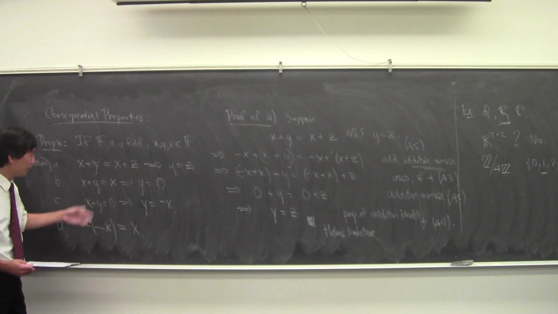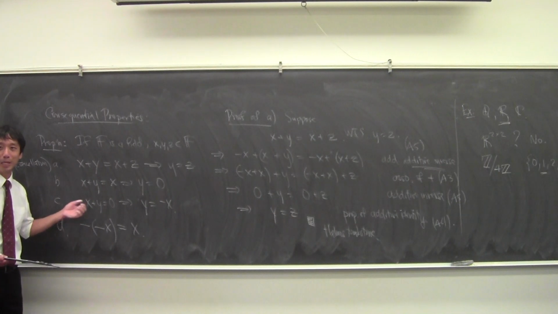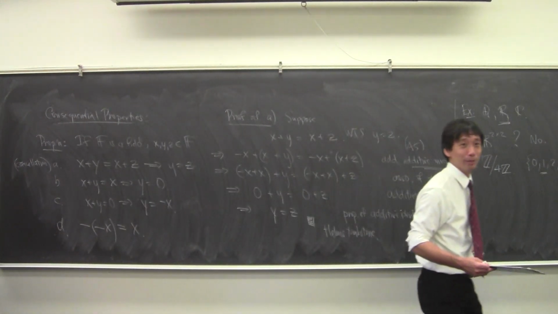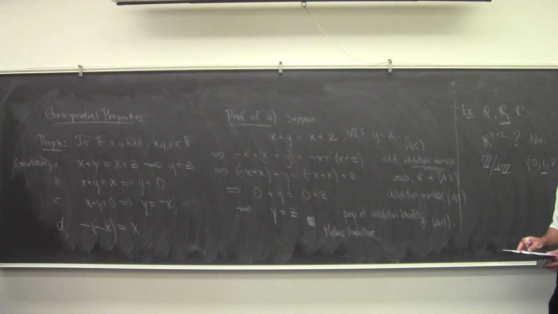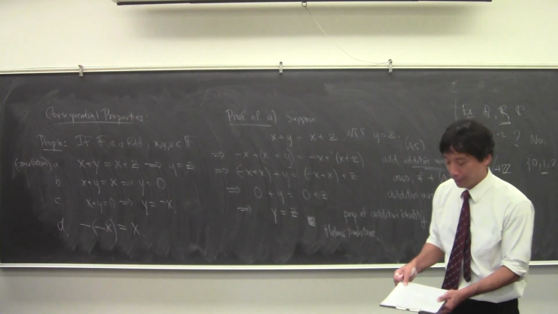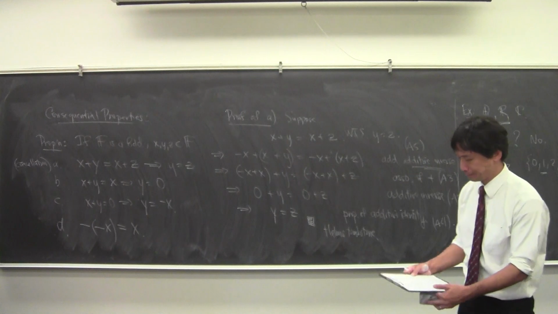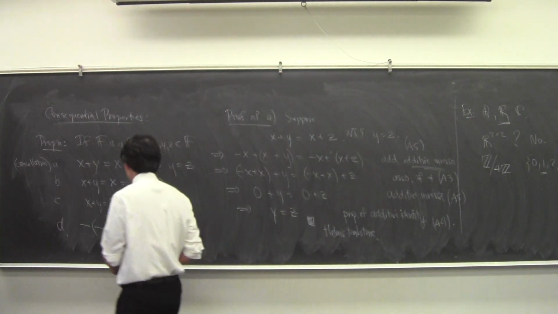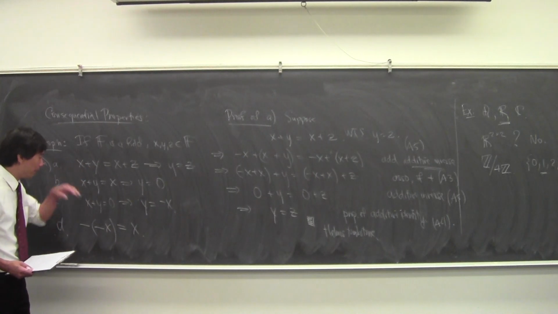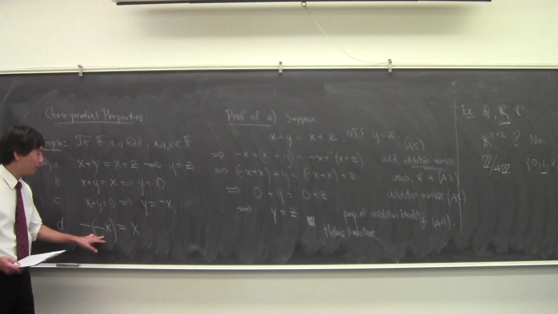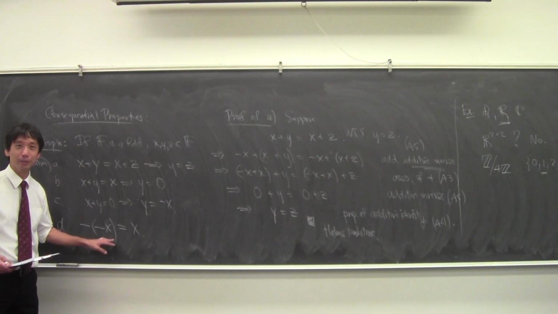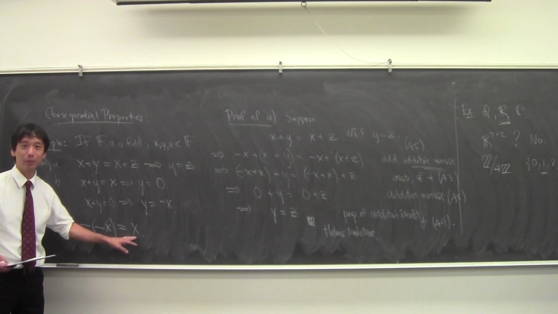The other properties are equally as exciting. Okay, so I'm not going to prove them. But I should say that in the 17th century, I think, there was some argument about why the negative of a negative should be the number itself.